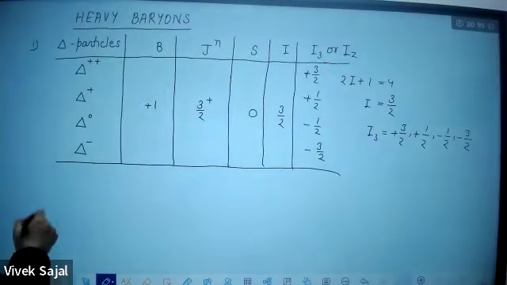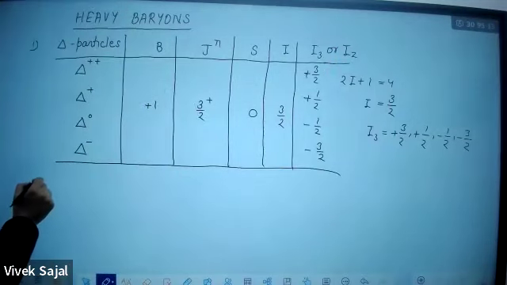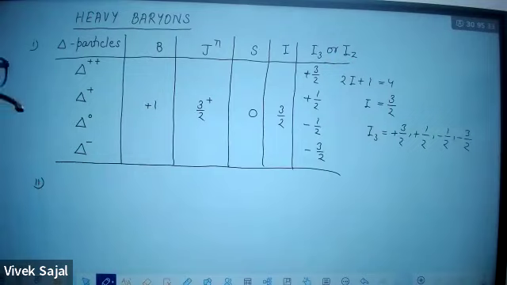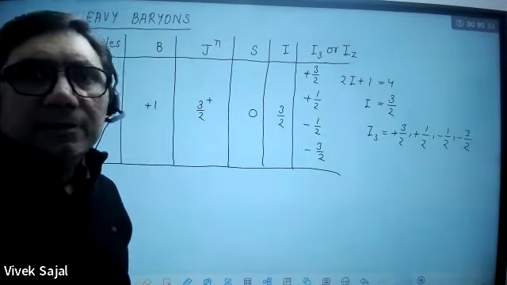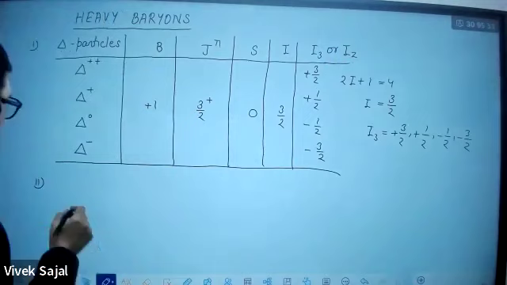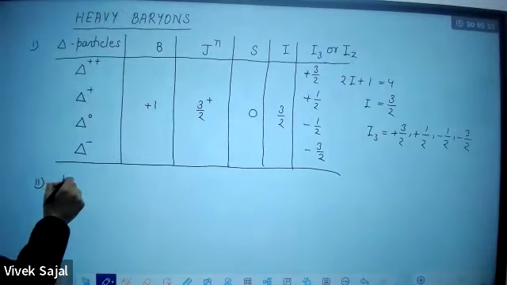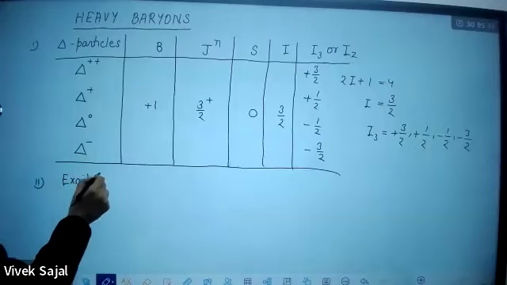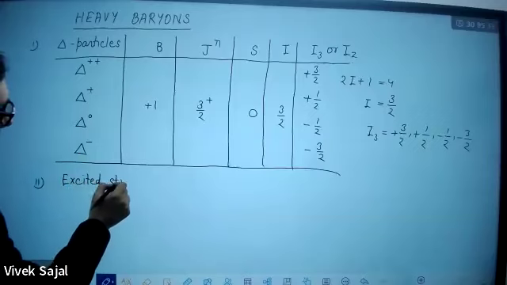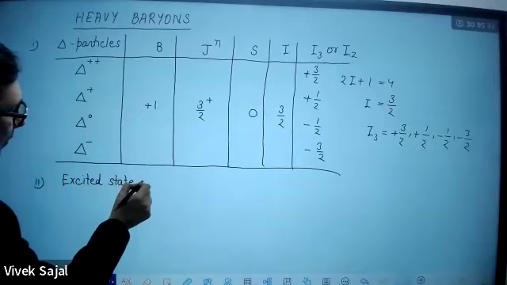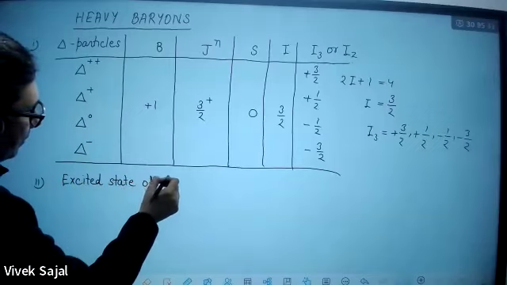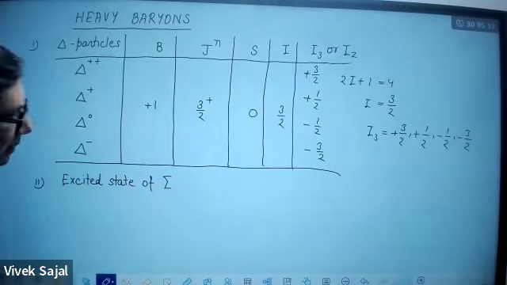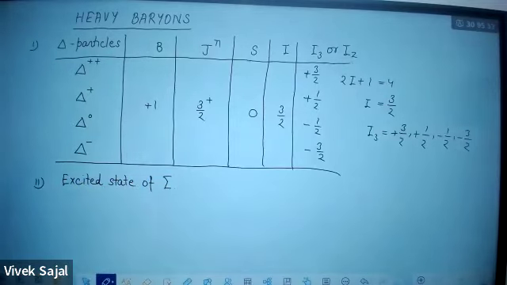Now, next is excited states of sigma particles. So there are sigma particles, so excited states of sigma particles will be there. Next heavy type of baryons are excited states of sigma.